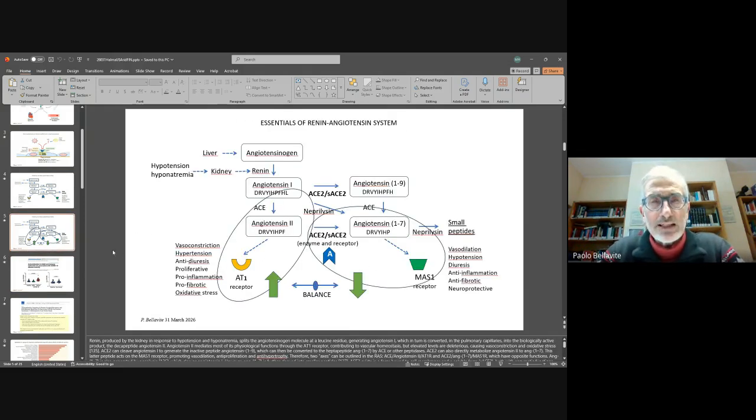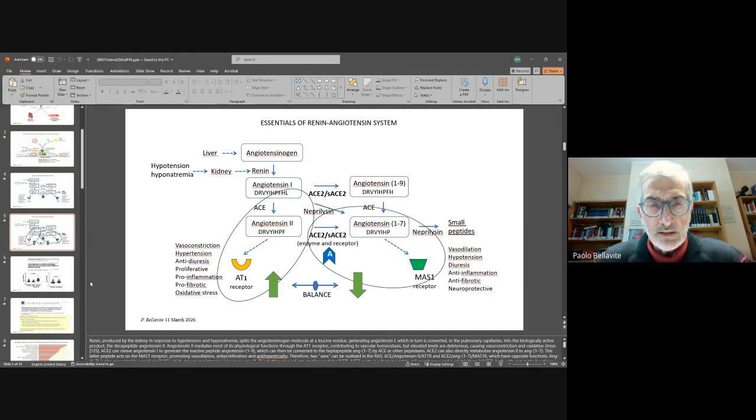Therefore, two so-called axes can be outlined in the renin-angiotensin system. ACE angiotensin 2 AT1 receptor on one side, and ACE2 angiotensin 1-7 MAS1 receptor on the other side. The two axes have opposite functions to maintain a balance of the whole renin-angiotensin system and the control of the circulation.